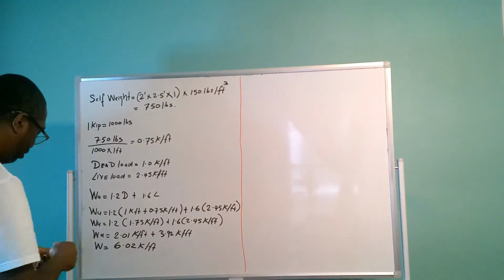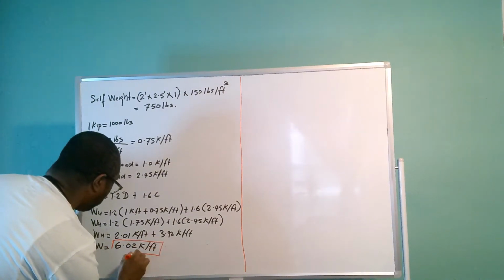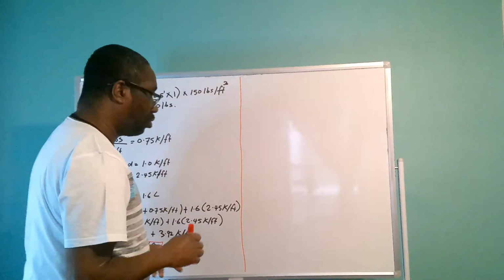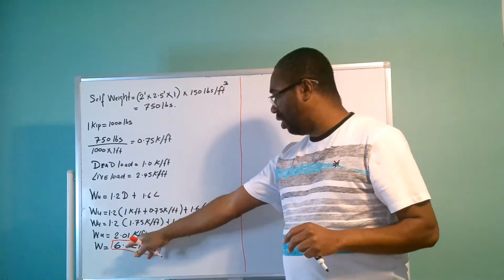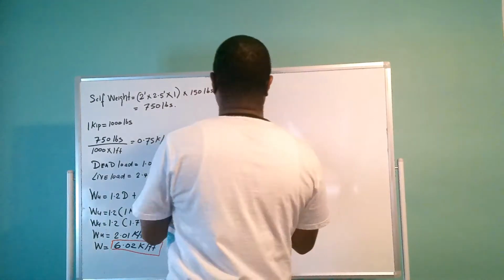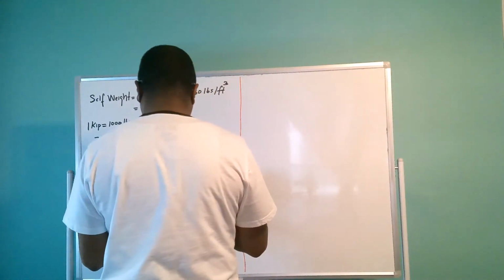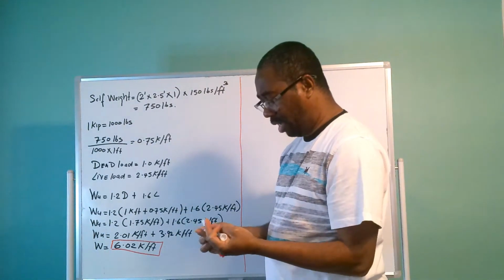So the total weight on the beam is going to equal 6.02 kips per foot. Let me write it here at the bottom in case it's not visibly clear.